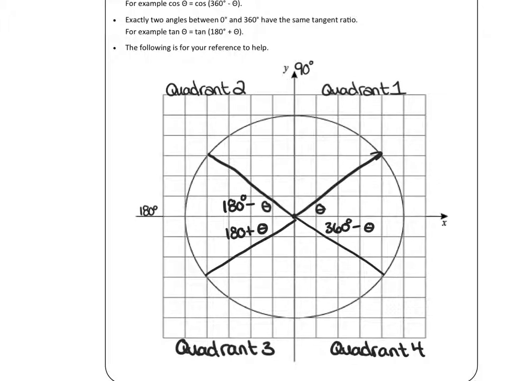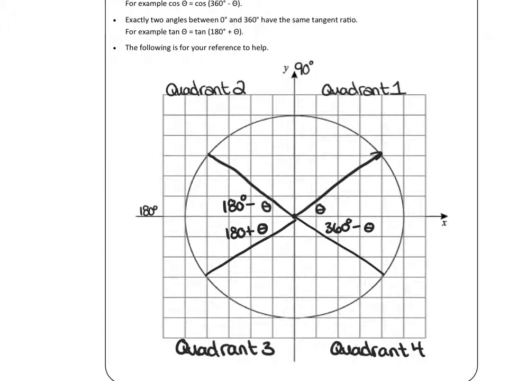So these are all common, or all refer to the same reference angle. The difference between which ones are actually equal depends on which quadrant they are positive and negative in. So I'm going to write those in here as well, just for your reference.